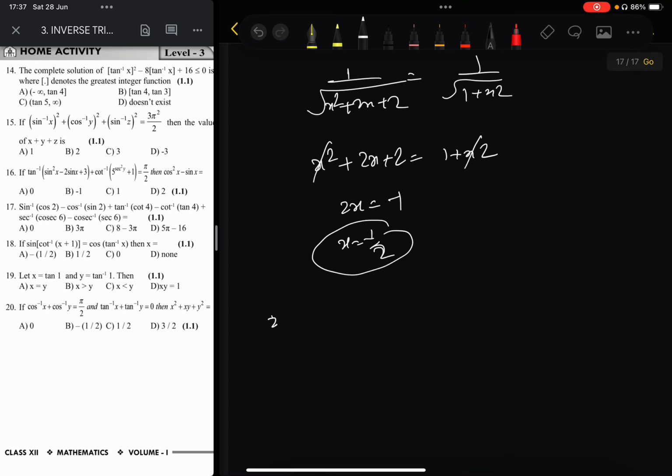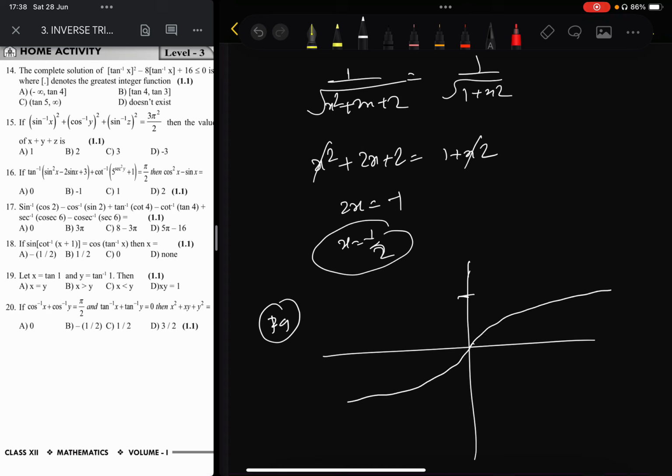Question number 19. You can solve 19 by using the graph also. Tan 1 and tan inverse 1, which one is greater? Now see, this is the graph of tan inverse x, here is pi by 2, here is minus pi by 2, and for x equals 1, right?